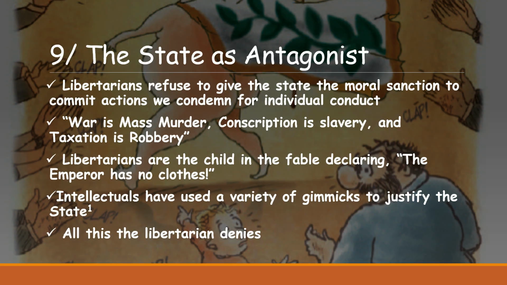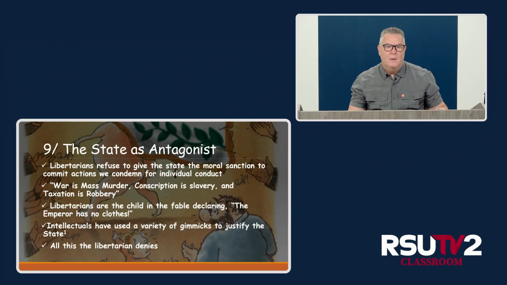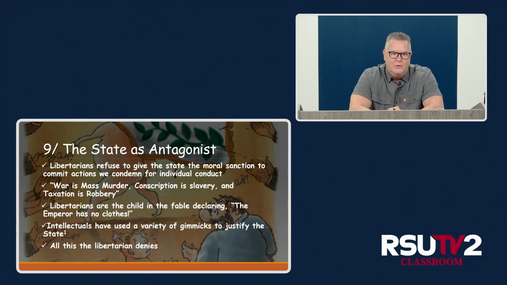The libertarian refuses to give the state the moral sanction to commit actions we condemn for individual conduct. War is mass murder, conscription is slavery, and taxation is robbery. Well, it would be great if everybody played by those rules. Libertarianism is effectively saying, we are not going to have a state, but we're not going to be able to tell anyone else not to have a state.